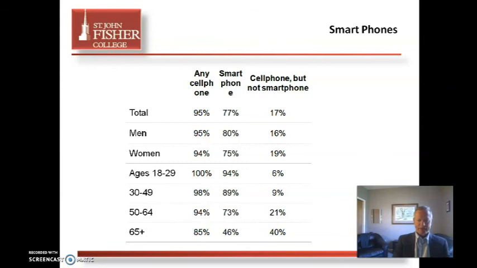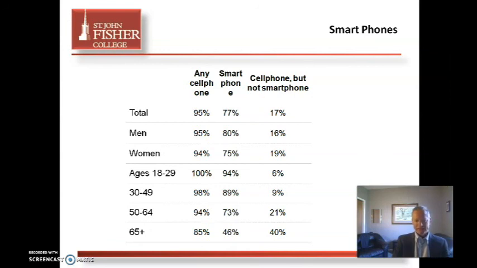Ages 18 to 29, 100%. 30 to 49 for any cell phone, 94% for millennials and Zs. And if you look at Xers, it's really 89%. And then it drops off a little bit with late Xers and early boomers.